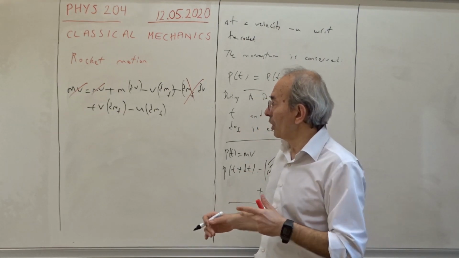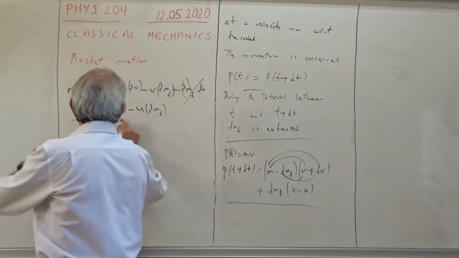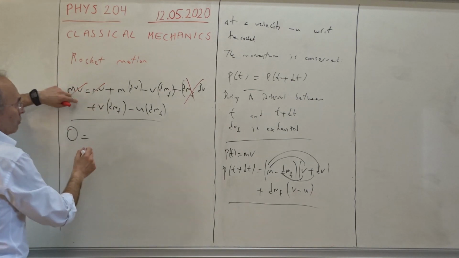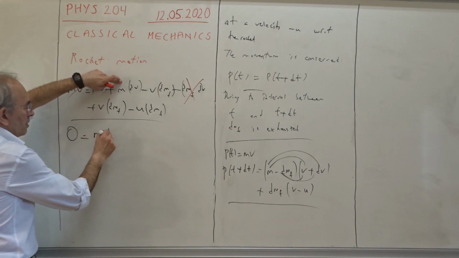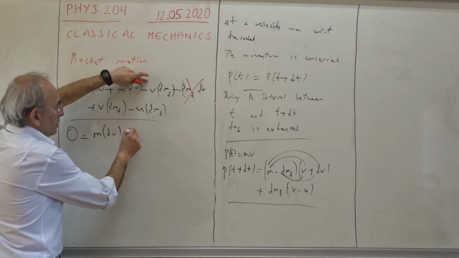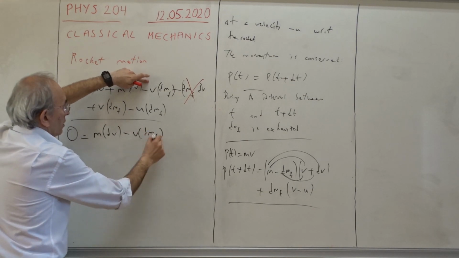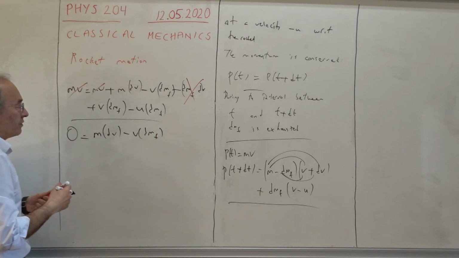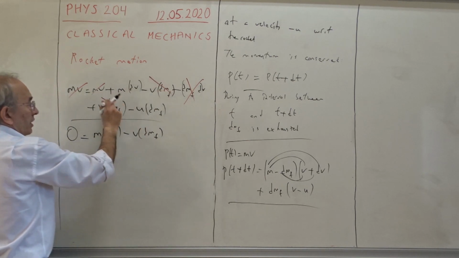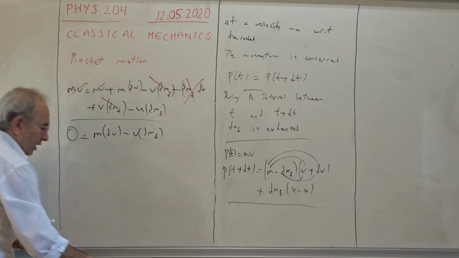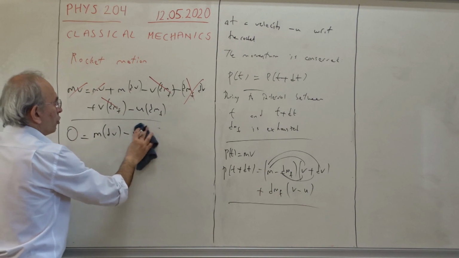Then we are left with what? Zero on the left. Zero equals m dv minus v dmf, and plus v dmf; these also cancel each other. So we are left with only these two terms.